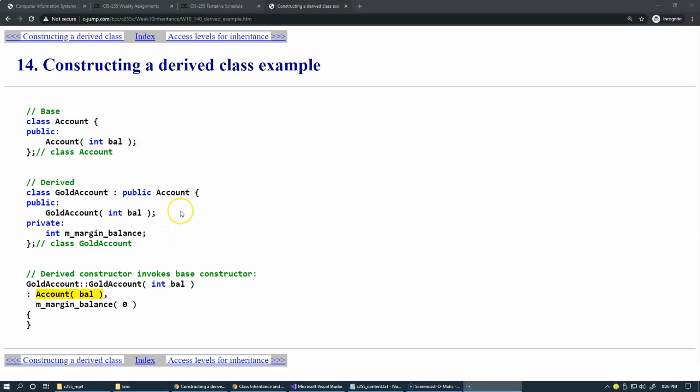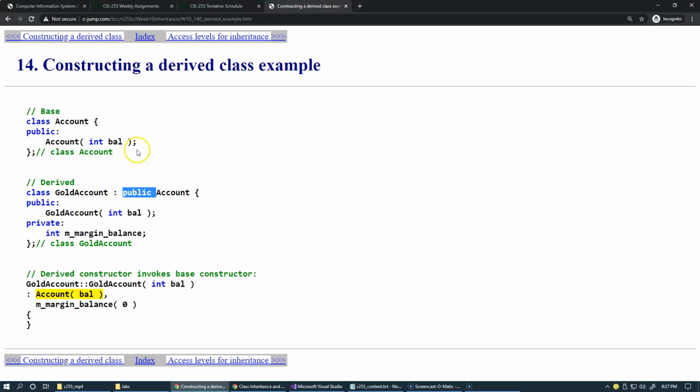So notice that in this relationship between the gold account and the investment account, for instance, we specify that this is a public type of inheritance. So once again, what does it mean?